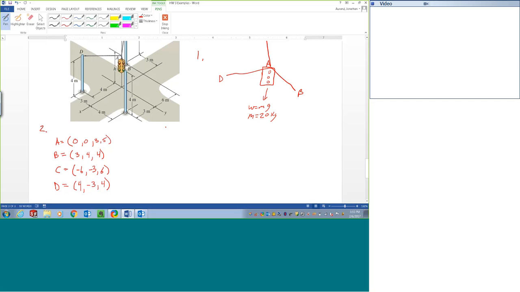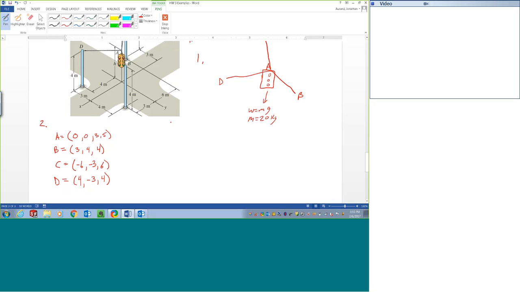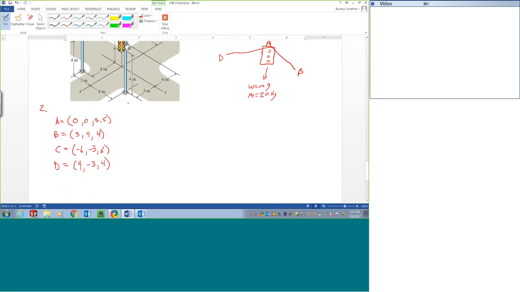This is step 2, finding those vectors. So unit vectors. We're going to have unit vector UAB equals 3, 4, 0.5.